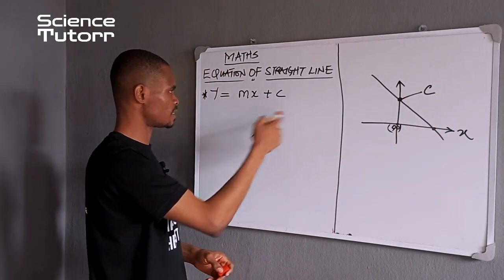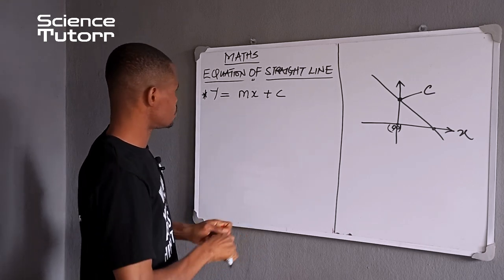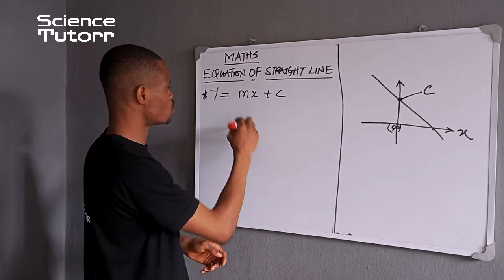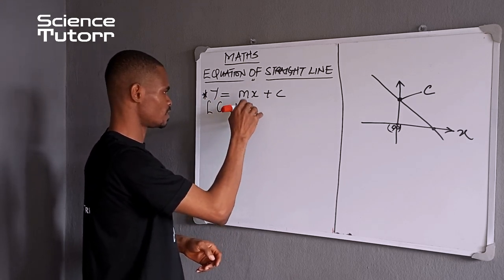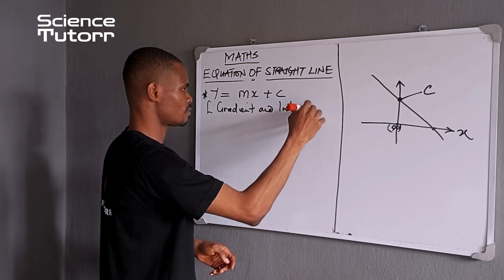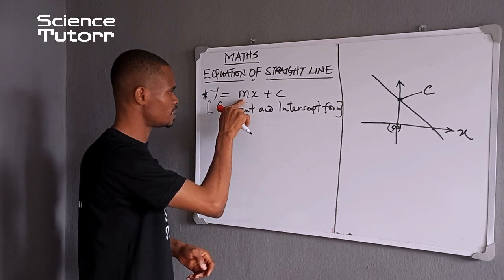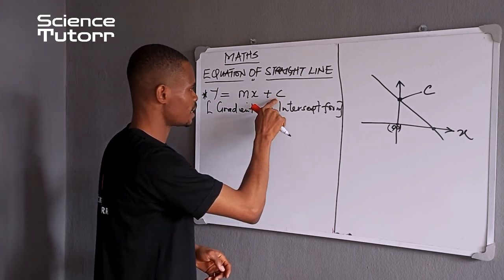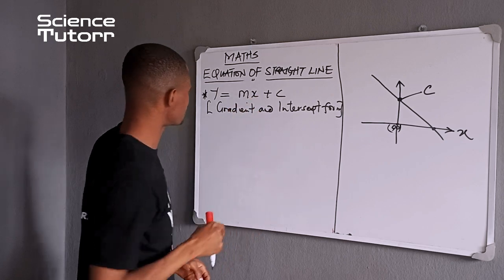So that is our intercept. m represents the slope. So this type of equation is what we call the gradient and intercept form, simply because it has a gradient m and an intercept on the y-axis c.